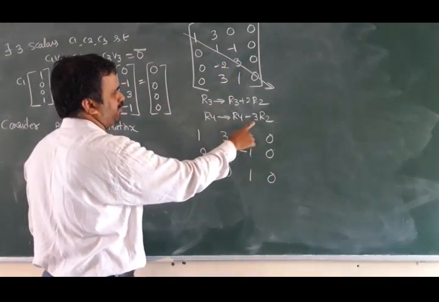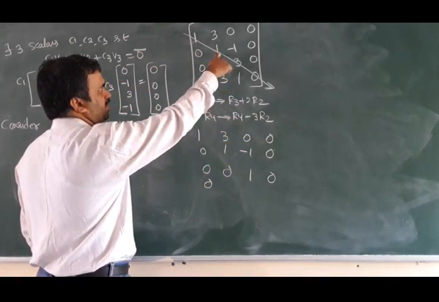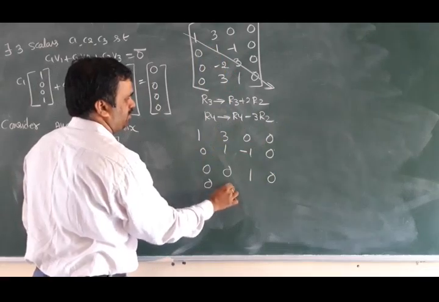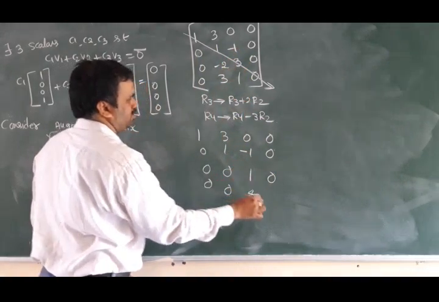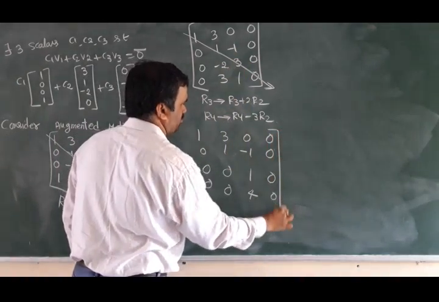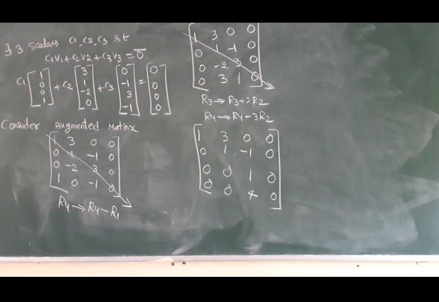R4 implies R4 minus 3 R2: 0, 3 minus 3 is 0, 1 plus 3 is 4, 0. So we get 0 0 1 0 and 0 0 4 0.